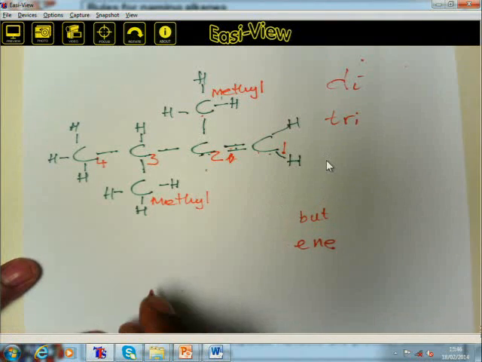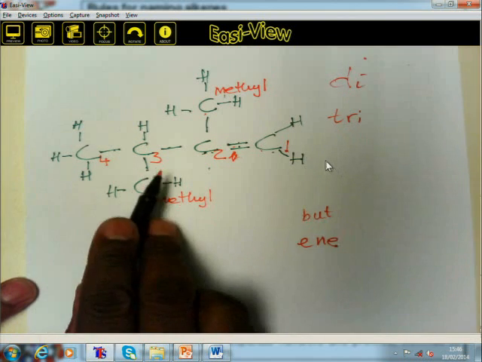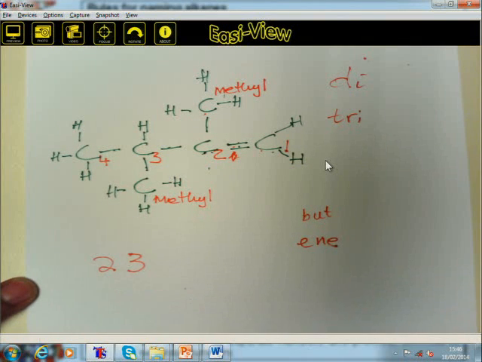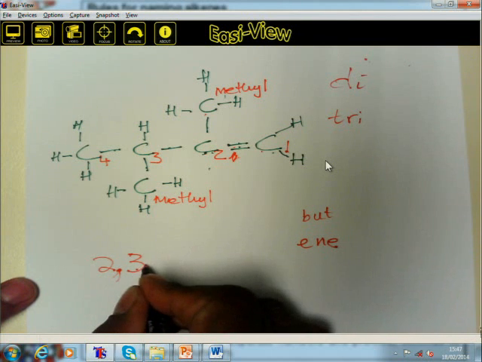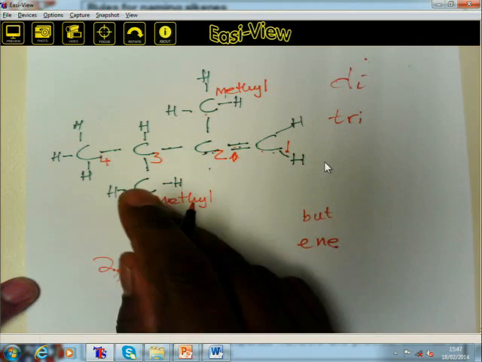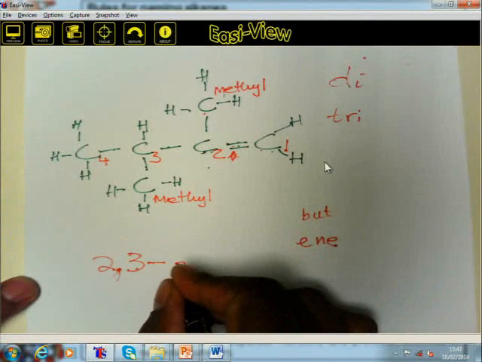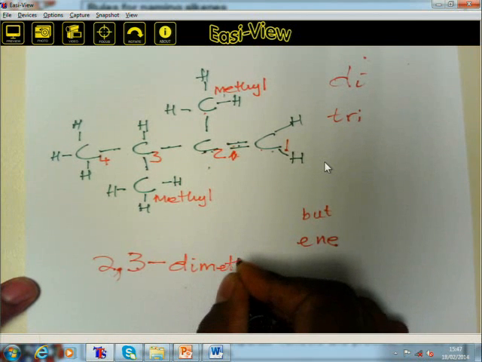At carbon number 2, and at carbon number 3, I've got the methyl. Remember, the rule says if I've got 2 numbers, I must separate these numbers by a comma. All right, 2, 3. Now I'm going to write a prefix, methyl, but there are 2 of them. Therefore, I put di for 2, and then methyl.